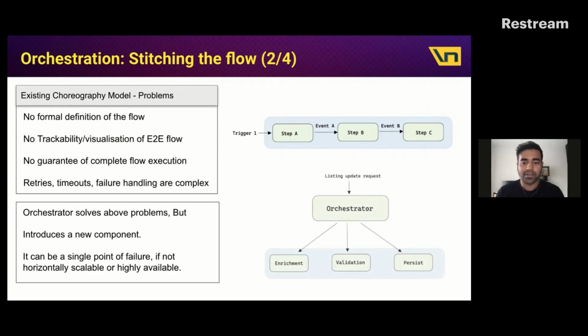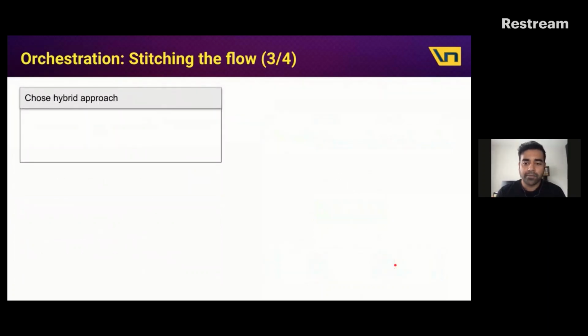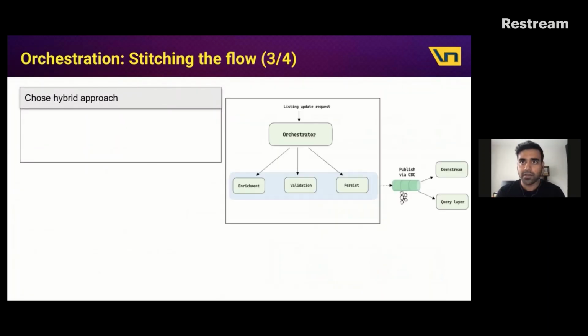So we have a central orchestrator here, and that would look at actually completing enrichment, completing validation, completing persistence, and that works for our kind of use case, right? So what this allows us to do is make sure that we can actually guarantee that these steps are done. We can actually promise an SLA and so on. But it does come at that cost that there is a center.